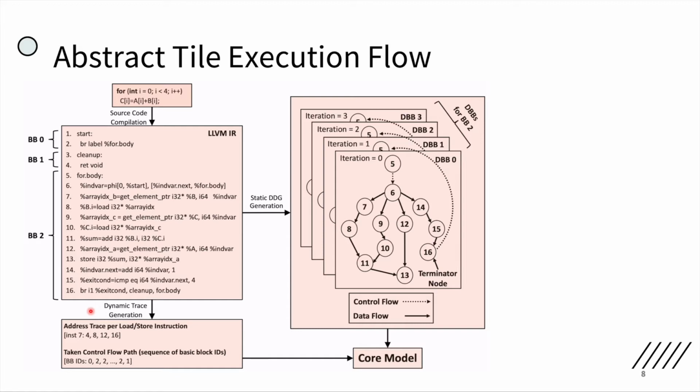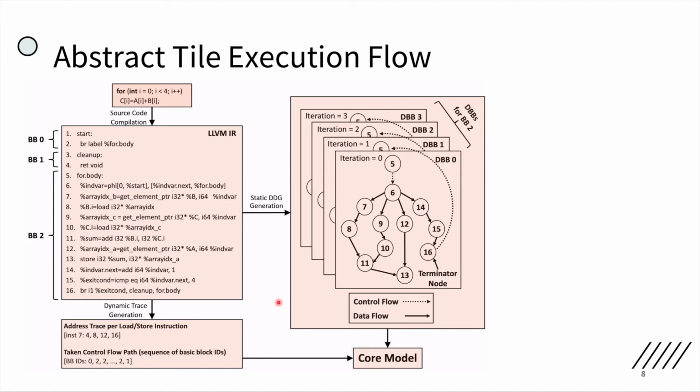The traces, LLVM IR, and the static data dependency graph are passed to the core model. Each basic block generates one or more dynamic basic blocks, corresponding to the loop iterations. The core model determines each dynamic basic block's memory accesses and control flow paths from the trace generated from the program's execution on the host machine.